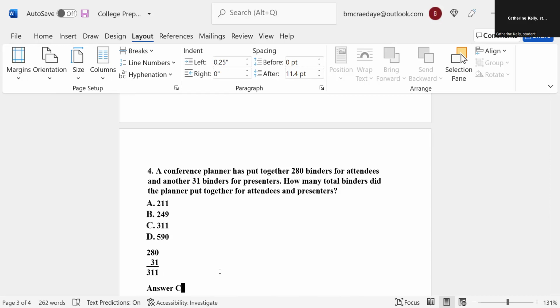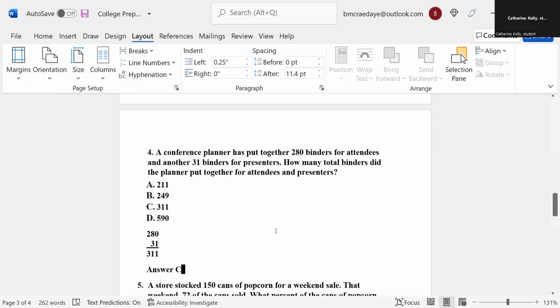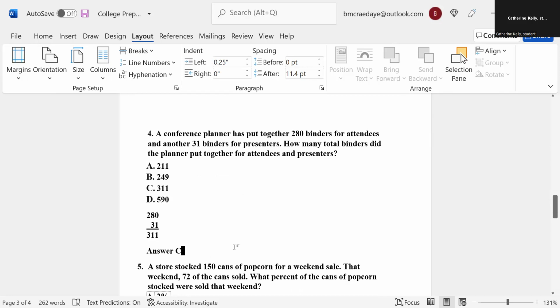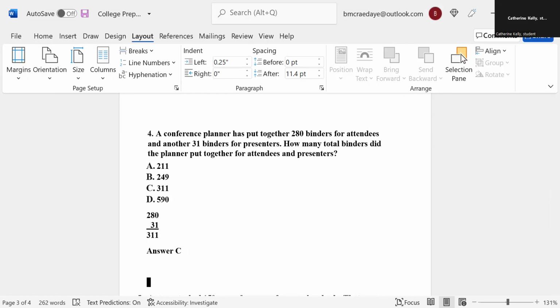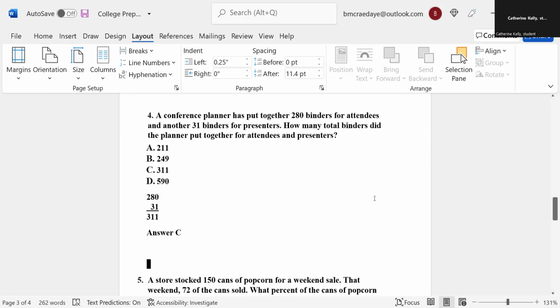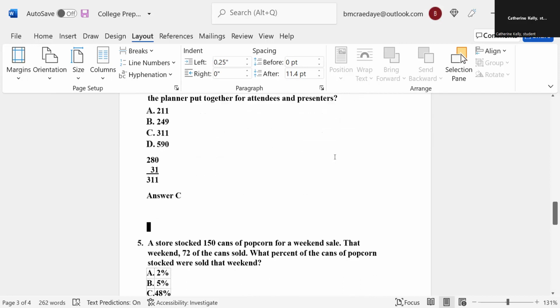Very good. Okay, now let's go to number 5. Now, these were actually problems I selected from the Accuplacer type evaluations that are used for college prep. It comes under the arithmetic category.